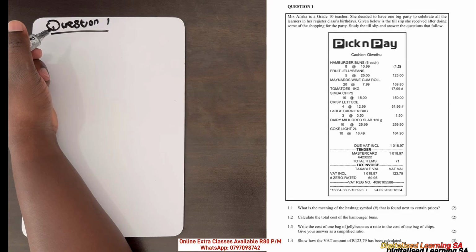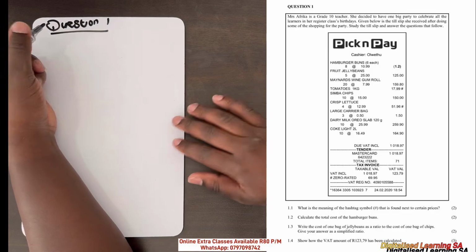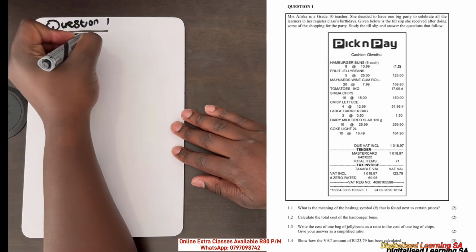Given below is the till slip she received after doing some of the shopping for the party. We are asked to study the till slip and answer the questions that follow.